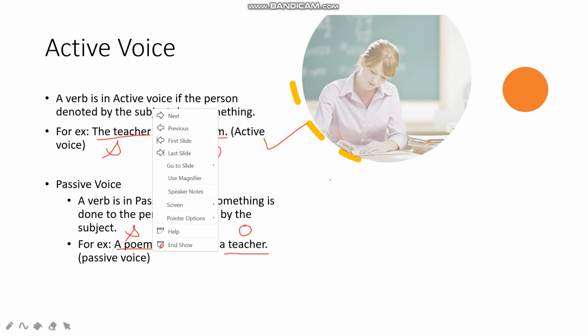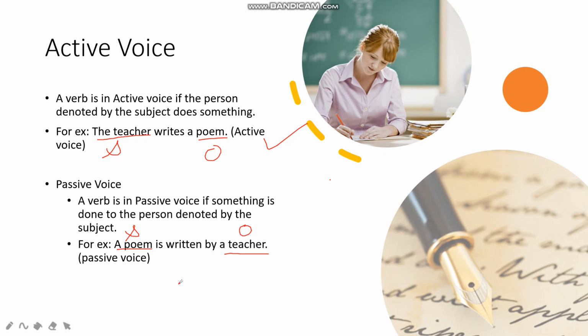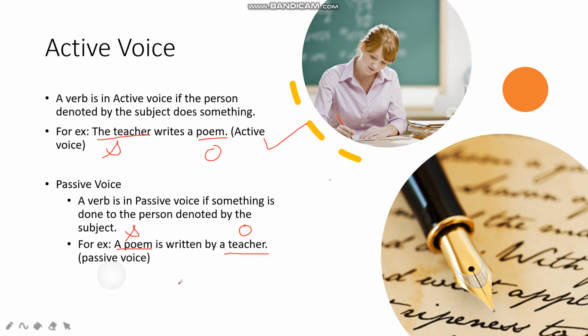The poem is not doing the action, but still it is the subject, whereas the teacher is the one who is doing the action, but she moves to the object's place. So this kind of sentence is called passive voice.